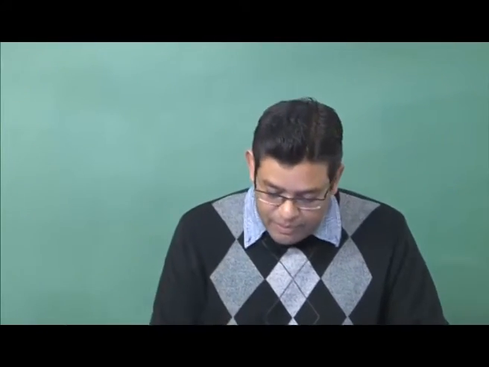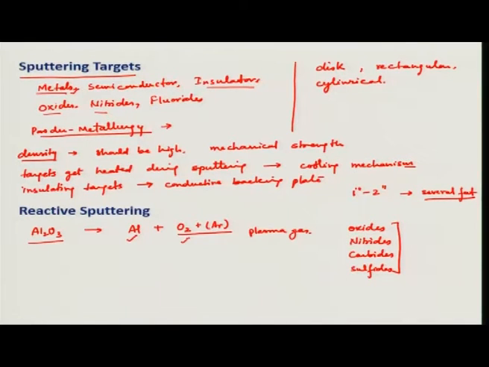So you can control the stoichiometry, or aluminum to oxygen ratio, in the thin film by having some pressure of oxygen, and you can adjust that.